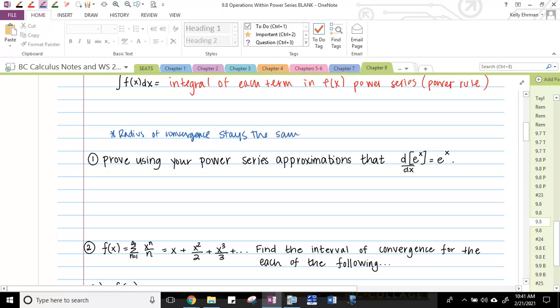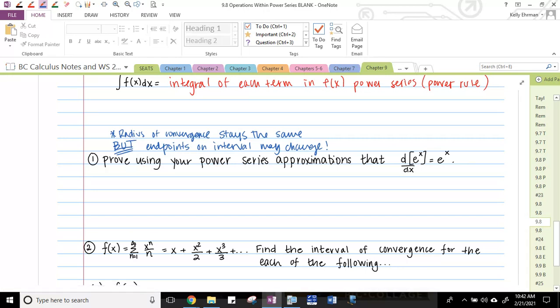So if you had a radius of convergence of 1, it'll still be 1 for the derivatives or the integral, but endpoints on the interval may change. This just means that when you take the derivative or the integral of a power series, you have to check the endpoints again.